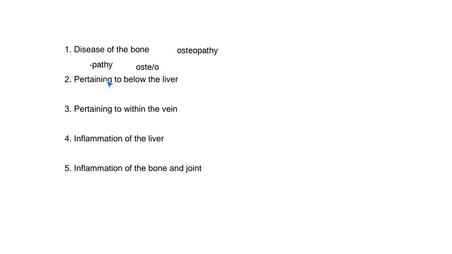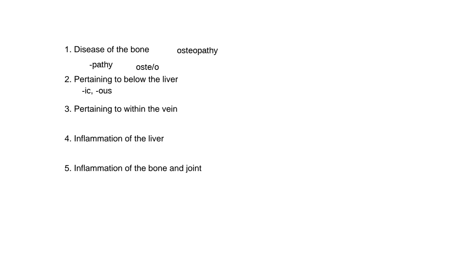Next one, pertaining to below the liver. Now pertaining to, I gave you two suffixes that meant pertaining to. One of them was -ic, IC, and the other one was -ous, OUS. So which one do you use? Well, let's figure this out. Pertaining to can either be -ic or -ous. And notice that I put a hyphen in the front to indicate that this goes at the end of the word.